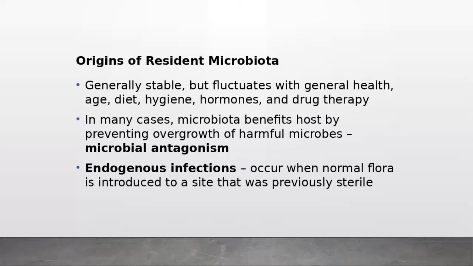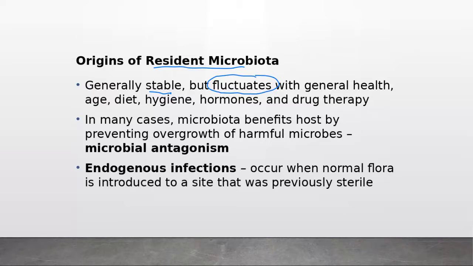So the resident microbiota or the normal flora, generally they are stable, but sometimes increase or decrease based on the condition of that person. The diet, hygiene, and hormones can also affect the fluctuation of this normal flora.